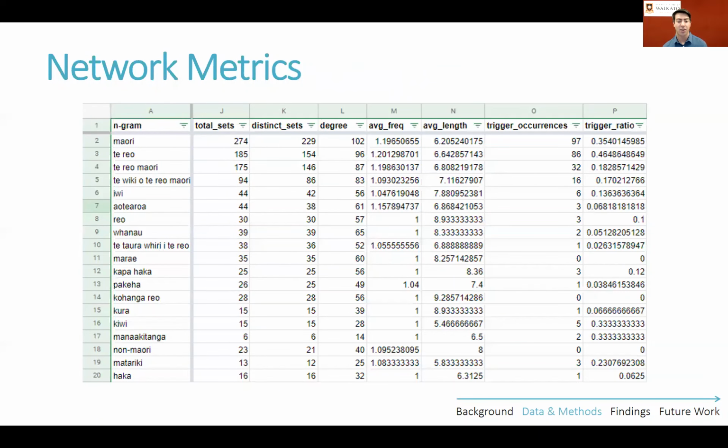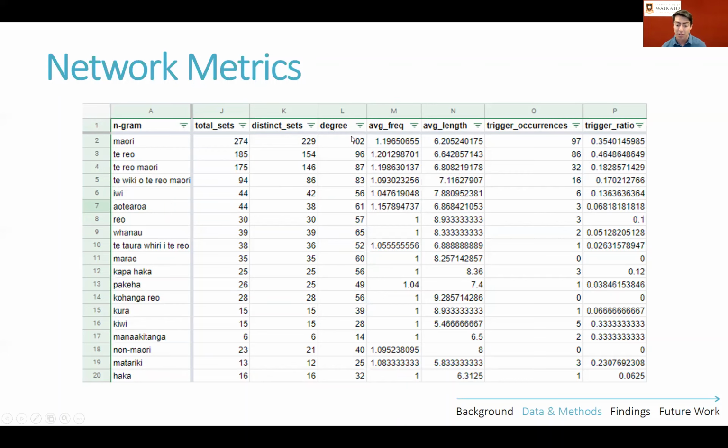We then calculated several metrics from the engram perspective in the hope that these could tell us something about the influence or position of the loanwords in their co-occurrence networks. So here we can see total sets is the number of texts where the loanword occurs with at least one other. Distinct sets is the number of different combinations for each of those sets, because sometimes the same set occurs multiple times.